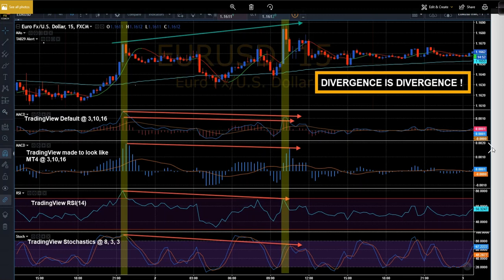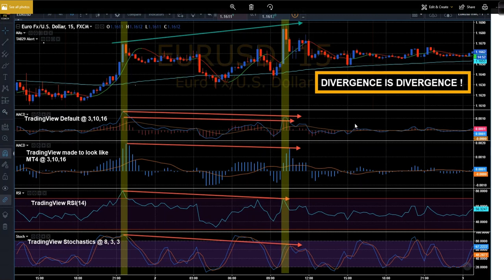But you really should be able to see divergence, whether it's MACD on TradingView or the 3-10 oscillator on an MT4, or whether you're looking at RSI, or using stochastics, specifically with an 8-3-3 setting. And all of those should show divergence within plus or minus the same magnitude.